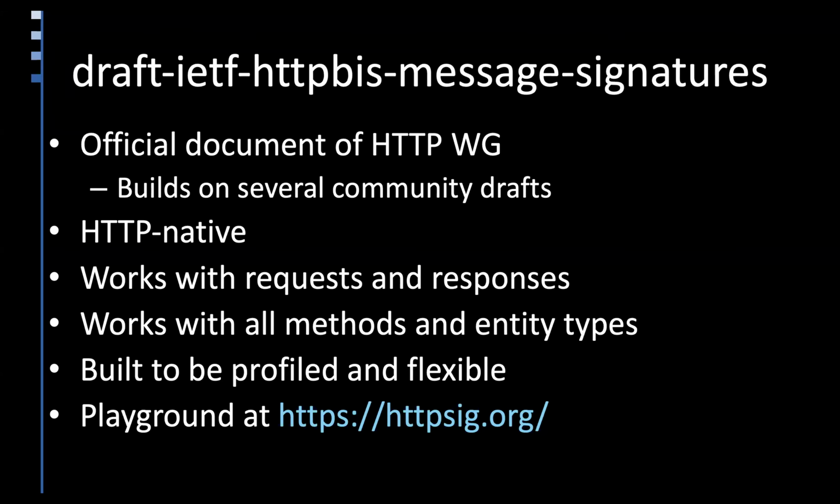So here we have a draft that tells you how to make signatures, but it doesn't tell you how to build that into your security application. It doesn't tell you what the signature means, who it represents. It doesn't even specify exactly which parts of the message you have to sign, because that is up to the application of the signature and the security profiles of it, such as you would use inside of OAuth.